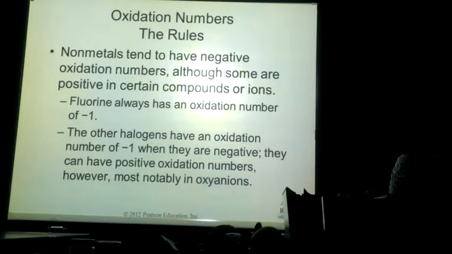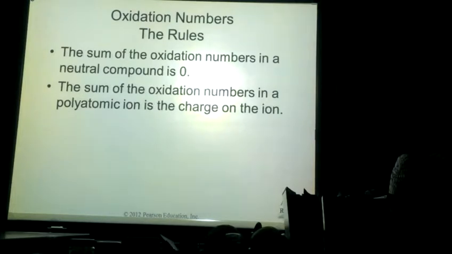Fluorine will always have an oxidation number of -1, and then any other halogen could have an oxidation number of -1, but if it's in a polyatomic ion, then usually they have positive oxidation states. So we'll look at a couple examples of that.